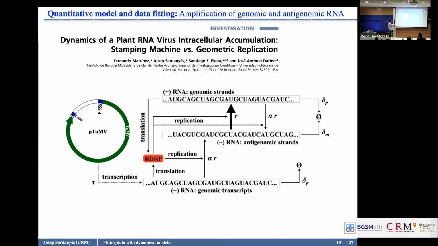So we have the genome of the virus and we have the production of the proteins. But from here we have the production of the genomic transcript, so the genome of the virus. This is a way to start the infection cycle of this virus because the positive sense genomes are produced in the cell.